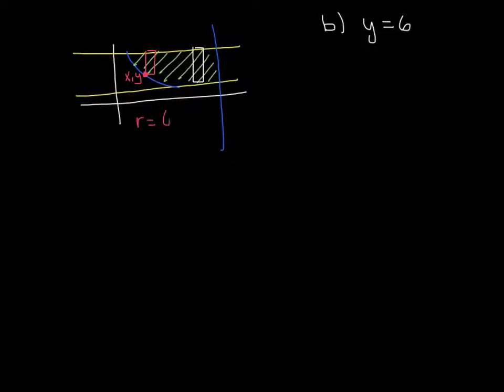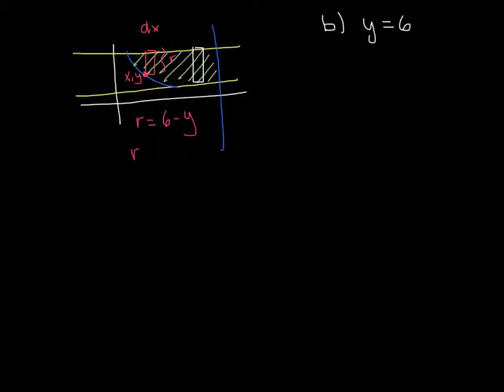So 6 minus y is going to be the radius. Once again, I am calling this distance r, the radius. So you've got to do 6 minus y. And this is a dx strip, so that means everything needs to be in terms of x. So y, don't forget, was defined as 6 over x.